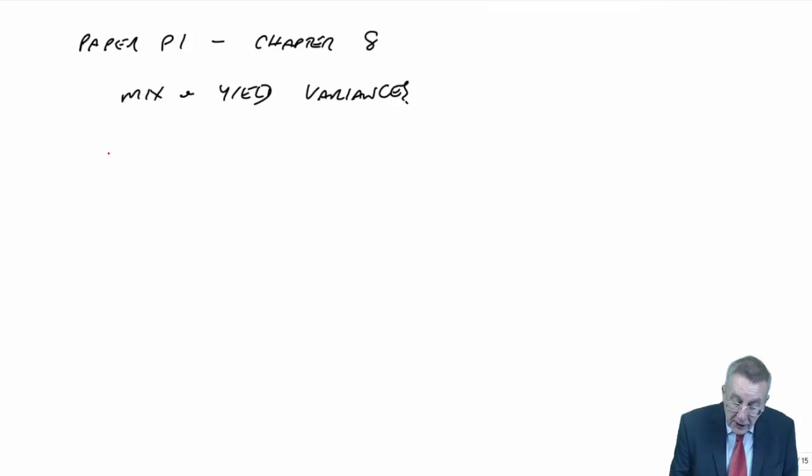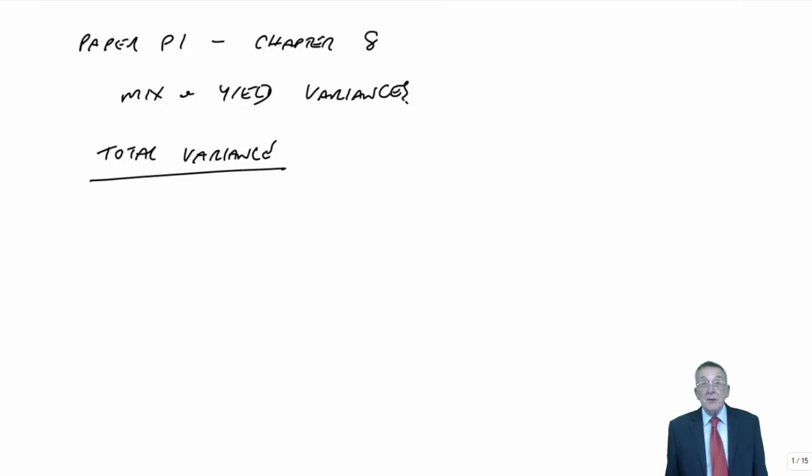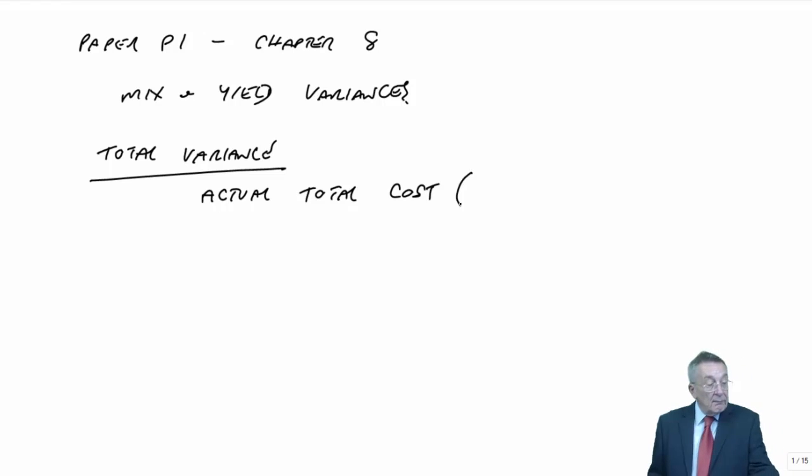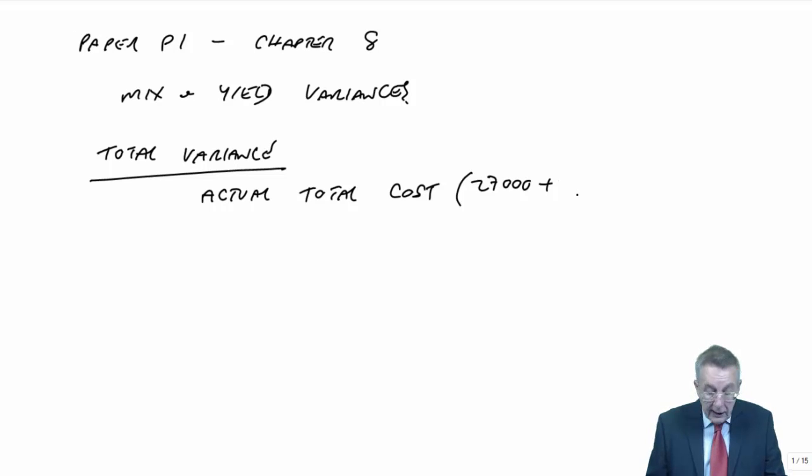Let's first of all work out the total variance. So forget any analysis for the moment, we'll come to that later. But in total, did we spend too much? Did we spend too little? Well, the actual total cost: on X we spent 27,000. On Y we spent 11,000. So an actual total of 38,000.